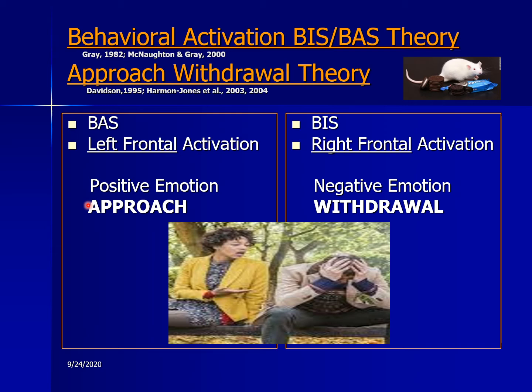So in economics, we might be looking at product marketing that will activate the left frontal region to increase the likelihood of us buying a product or wanting something. And instead, right frontal activation occurs with negative emotion and withdrawal.